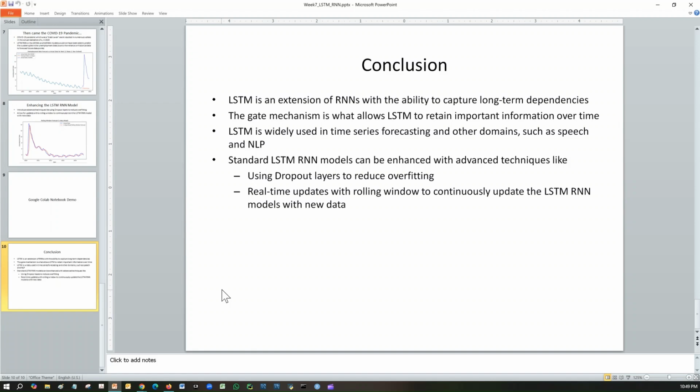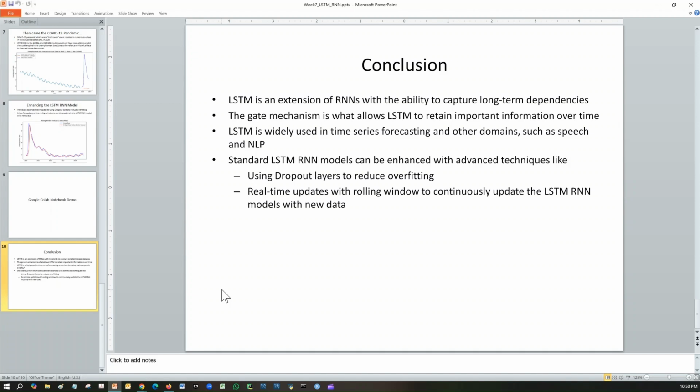The second bullet point is that LSTM uses those three gates to help better control and retain information over longer periods of time. The third bullet point is that in my presentation I'm showing how LSTM can be used for time series forecasting, but it's actually used in other arenas such as natural language processing and speech.